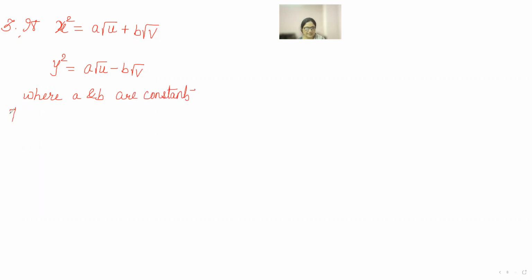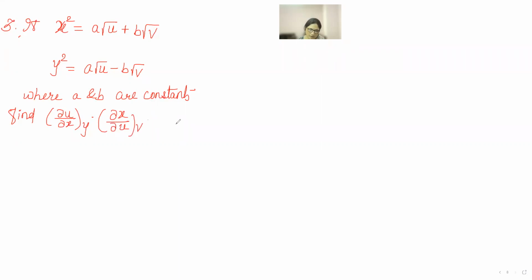Then find dou u by dou x, keeping y constant, into dou x by dou u, keeping v constant.